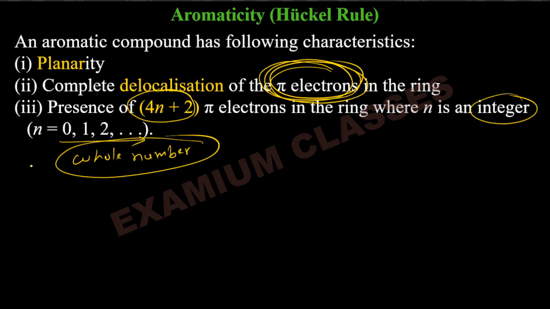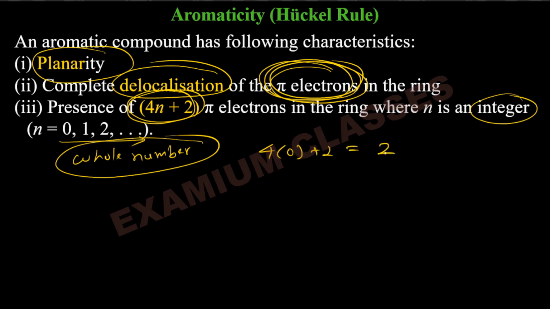So we can apply it for benzene, for example. We have seen that in benzene, the molecule is planar, all the carbons are in one plane, and all electrons are delocalized. Now we need to check whether it has 4n plus 2 pi electrons. So if we keep the value of n as 0, it will be 4 into 0 plus 2, that is 0 plus 2, 2 electrons.